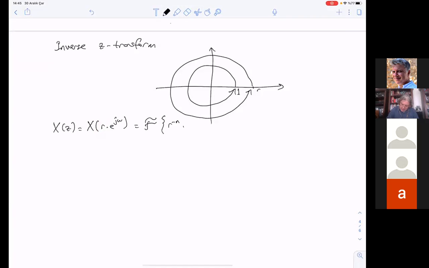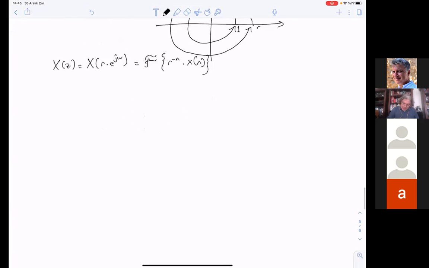R to the minus n times x of n. Okay, so this is the Fourier transform that is necessary to determine X of z for a certain r. And that gives me the equation that x of n times r to the minus n, which is the inside term of that Fourier transform expression, is therefore the inverse Fourier transform of capital X of r times e to the j omega n, which is X of z actually. Okay.